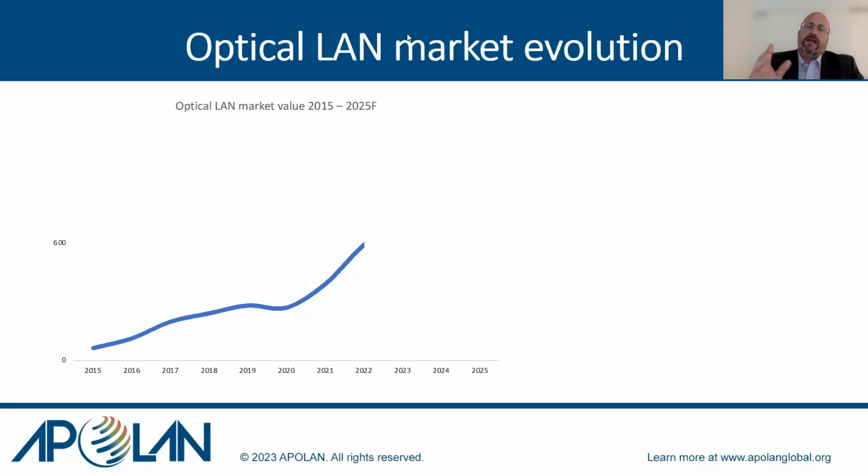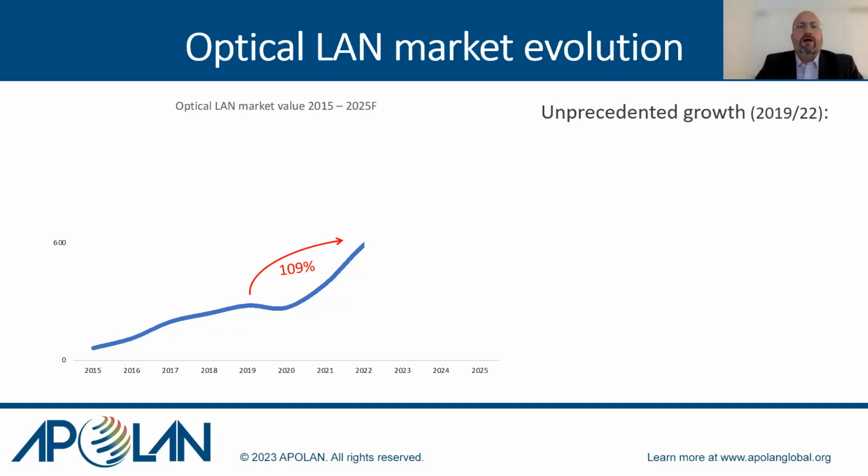Then we can see how that market evolved quite quickly up until 2019, where in 2020 we anticipated a market contraction of about 10%. That didn't take place. It was just a mild 2-3% contraction. And what's remarkable is what we saw afterwards.